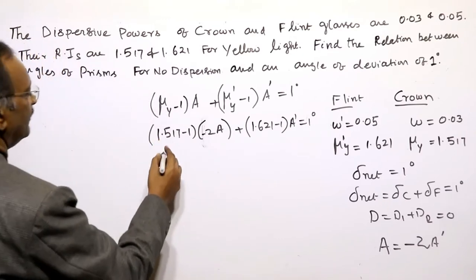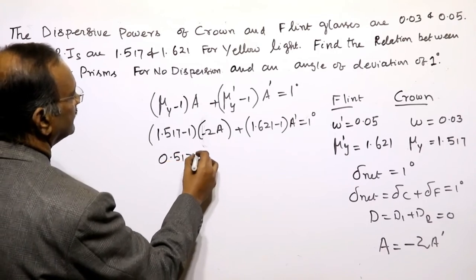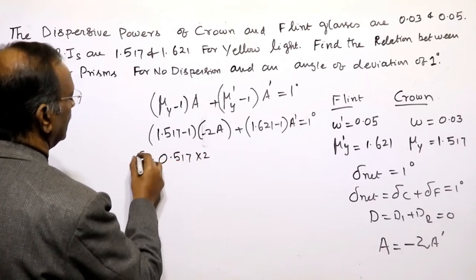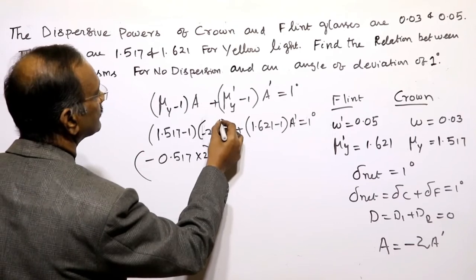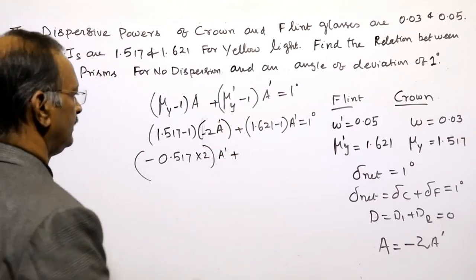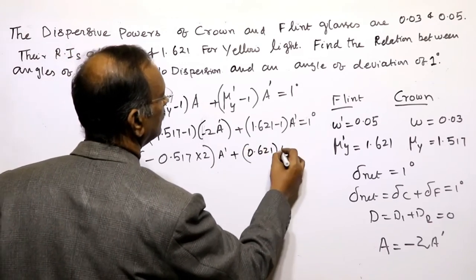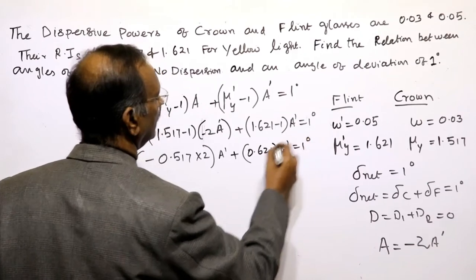So this becomes 0.517 into minus 2 into A dash, plus 0.621 into A dash, equal to 1 degree.